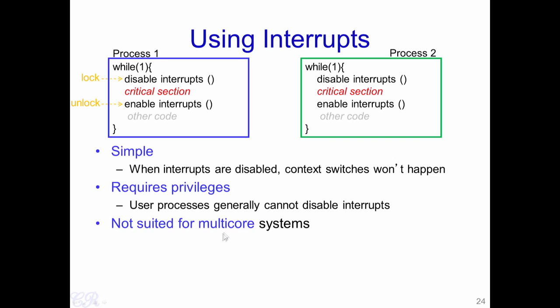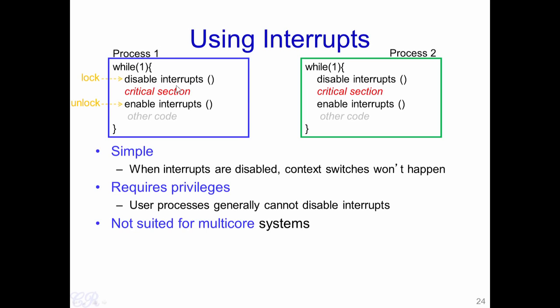And as we have seen before, this disabling and enabling of interrupts is not suited for multi-core systems, essentially because when interrupts are disabled on a multi-core system, it would mean that interrupts corresponding to that core alone are disabled. On the other hand, interrupts are still allowed on the other cores which are running.